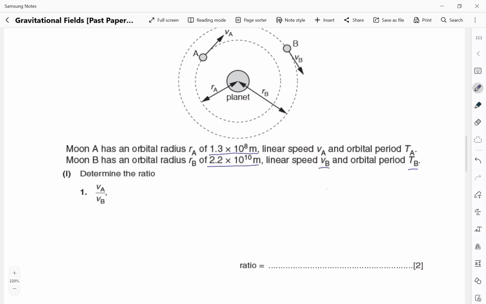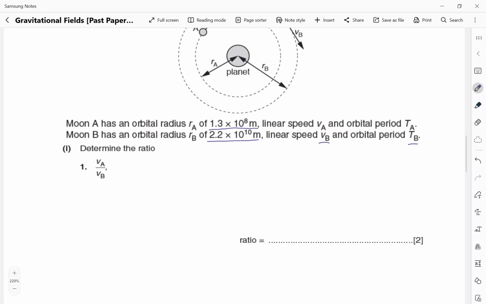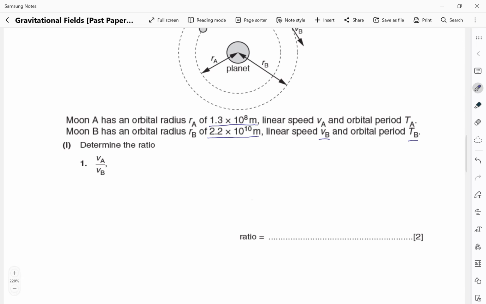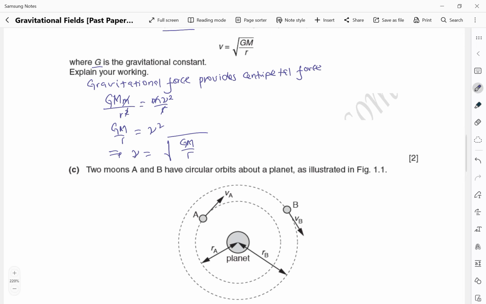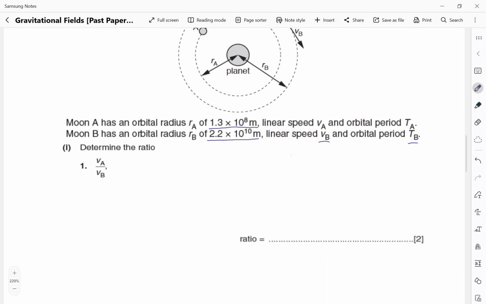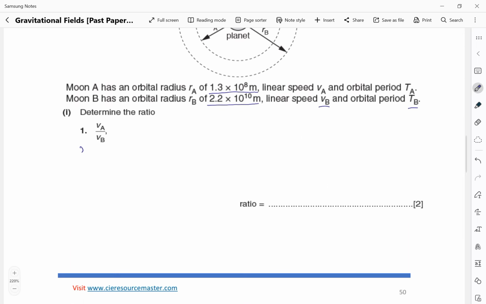Determine the ratio V_A over V_B. Okay, V_A over V_B. We have already seen above that v equals the square root of GM over R. So if I want V_A divided by V_B, for V_A it will be the square root of GM over R for A.